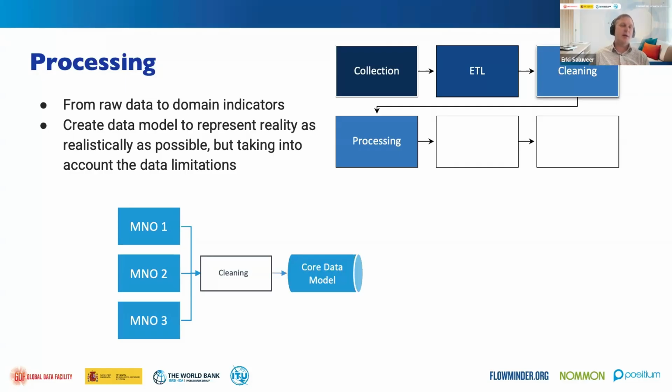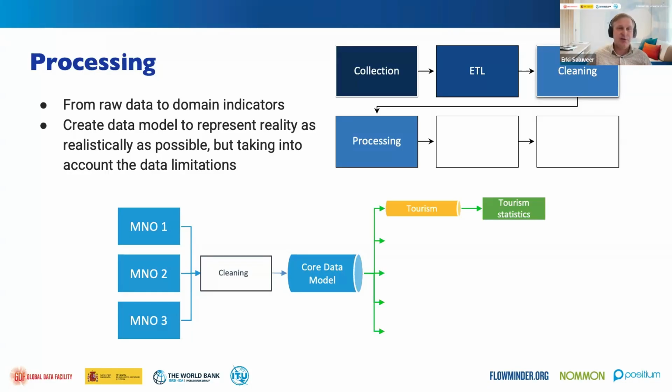But then something which we call a core data model should be applied, so that the data is transformed into a stage where you could apply domain-specific algorithms to end up with your desired statistics.